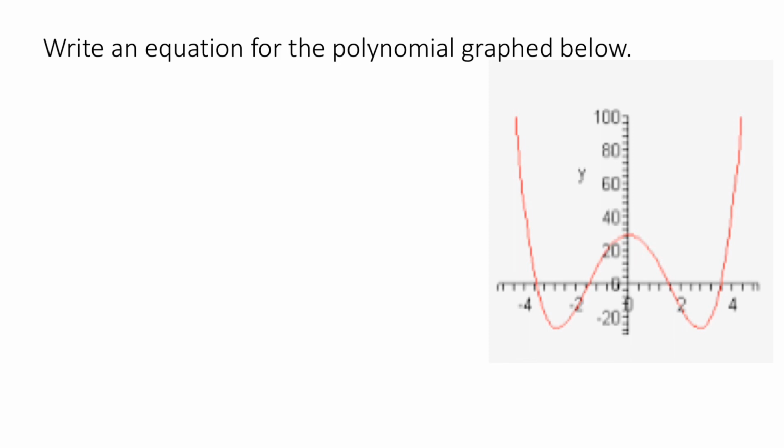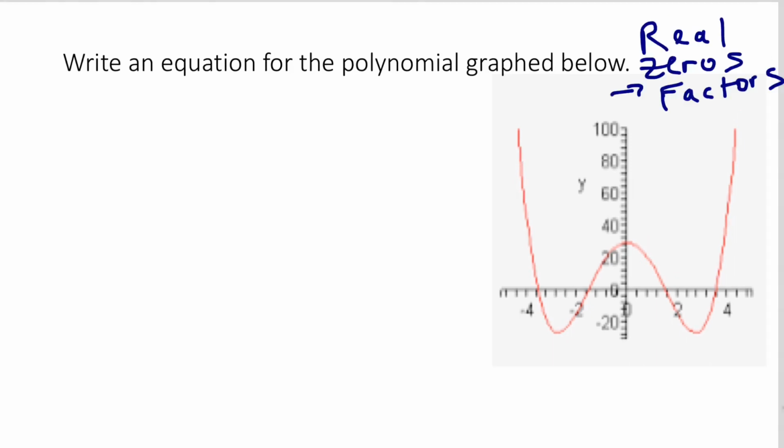So this one, let's look at the real zeros first, so we can find the factors. So I've got one here at negative 4, here at negative 2. The resolution is off on this graph because of the cut and pasting.